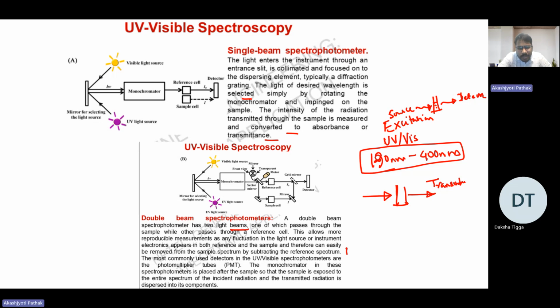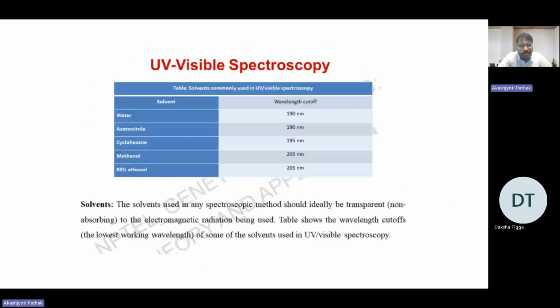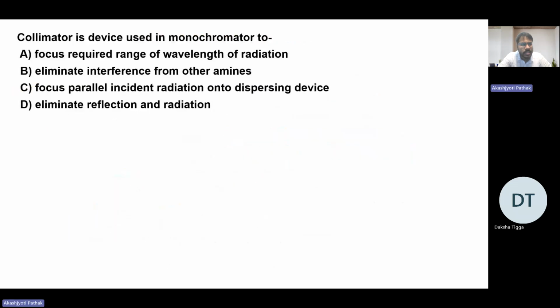In this figure they have not shown the collimator, but what the collimator is doing, the answer is that it will focus parallel incident radiation onto the dispersing device. Okay, answer is C. The collimator will help to focus the light at particular incident radiation onto the dispersing device.